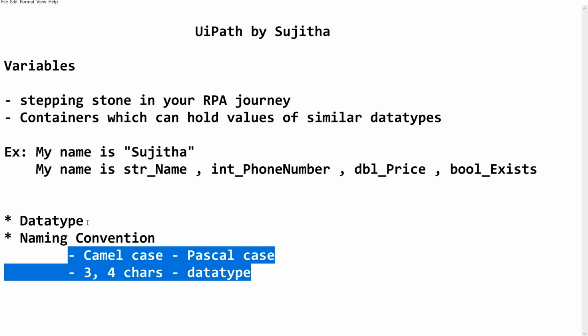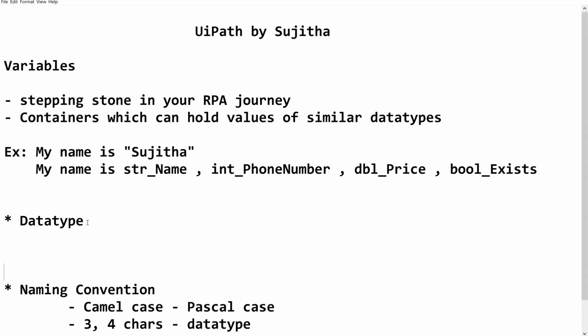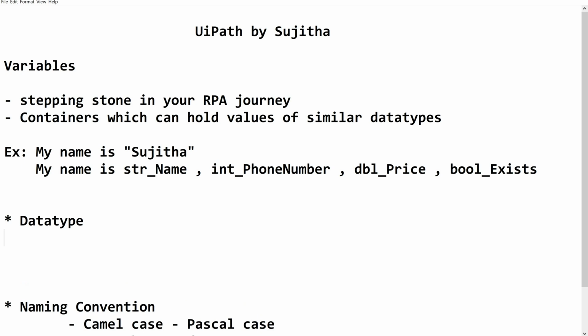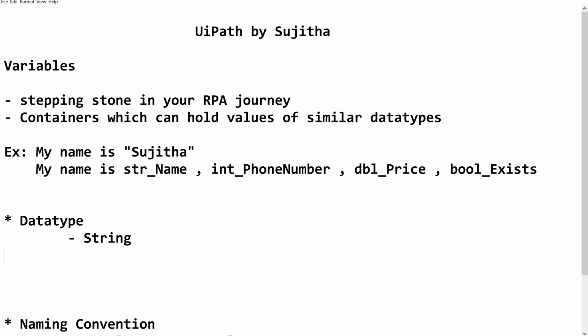Okay, fine. Now let us come to data types. What kind of data types are available for variables in UiPath? In general, what kind of data types do we know? String, which accepts all string data, integer, and then Boolean, right?